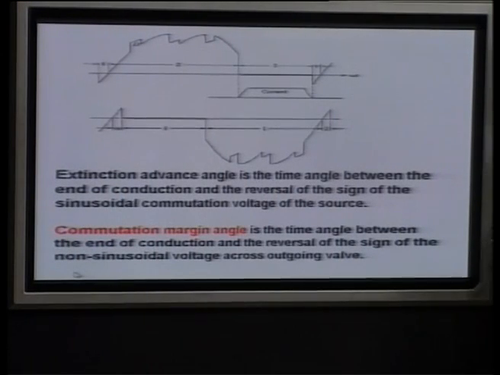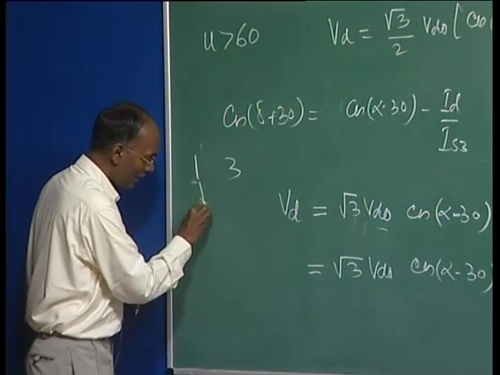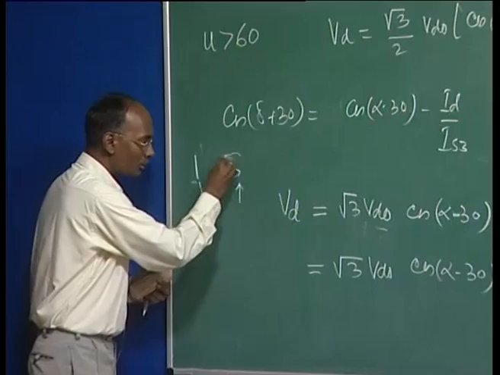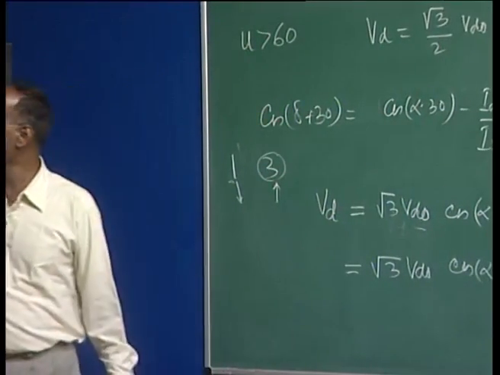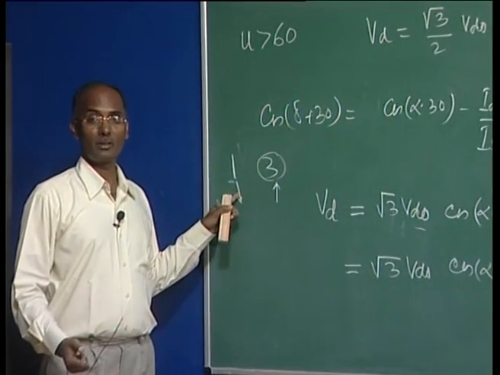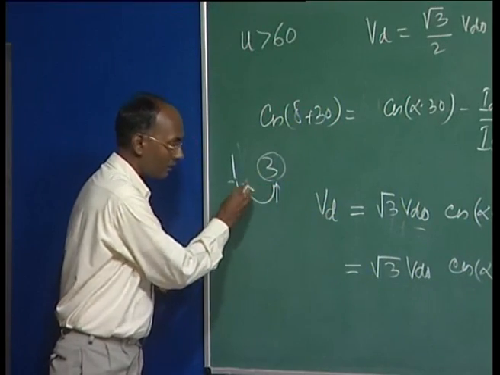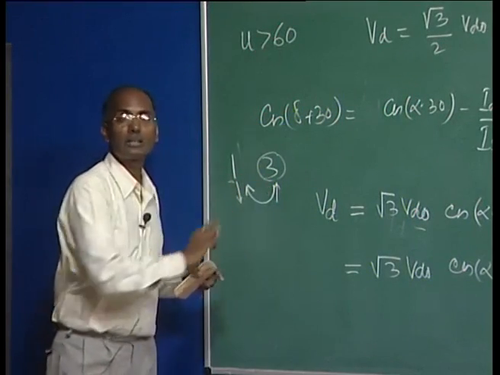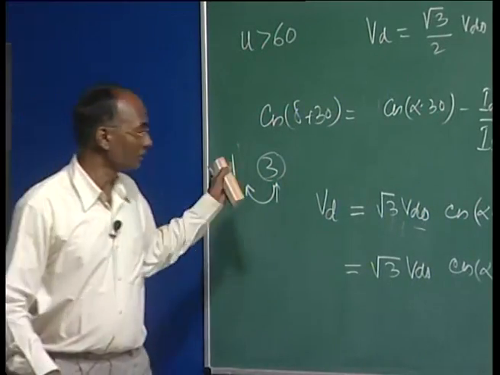For example, if the commutation between 1 and 3 is taking place, the current here started decreasing and this was peaking, but due to the reversal of voltage across this, there is a possibility the positive voltage will pick up the current, because here the voltage becomes negative. So it goes back again and the commutation may not occur, and that is called commutation failure.